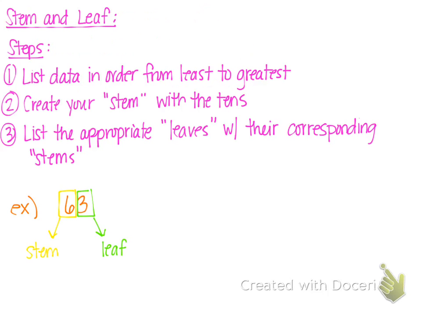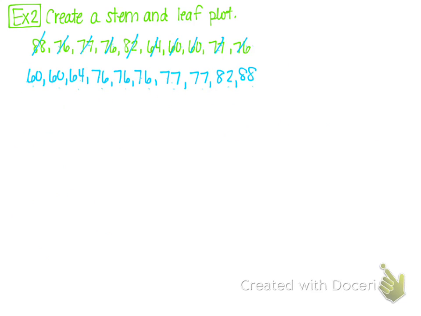So moving on to step 2. Create your stem with the tens. The only stems that we need are 60s, 70s, and 80s. So I'm literally going to write stem and leaf. On our stems, the only 10 spots we have are 60s, 70s, and 80s. So that's all we've got to list there.